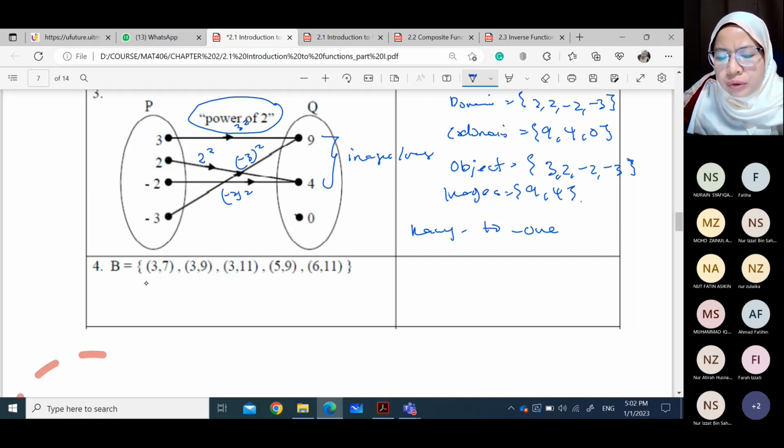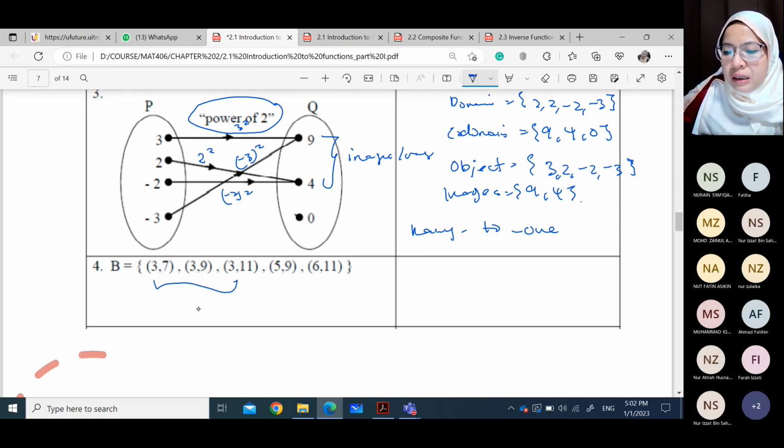Okay, so untuk mapping yang B ni, yang last kali, we have this ordered pair, which is 3, 7, 3, 9, 3, 11, 5, 9, and 6, 11. So based on this ordered pair, we identified that the same object mapping to the different image. So object 3 is mapping to 7, 9, and 11.